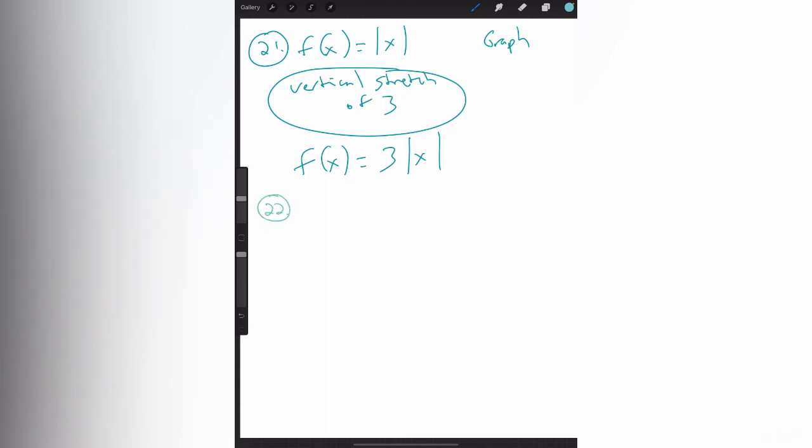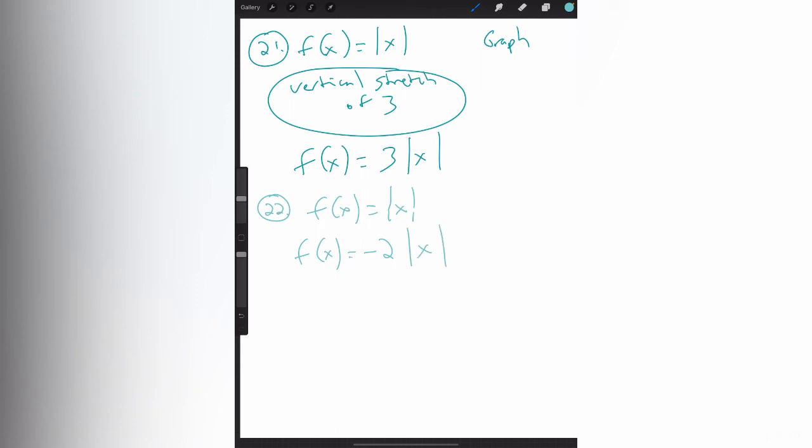22. It says, well, I'm using the same parent function, f of x is equal to the absolute value of x. And then from here, it's giving me f of x is equal to negative 2 times absolute value of x.